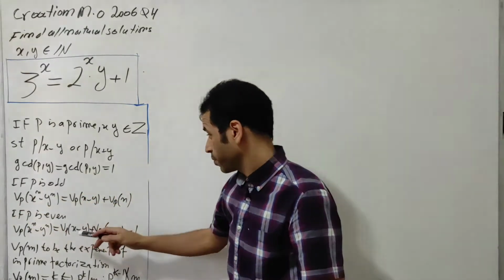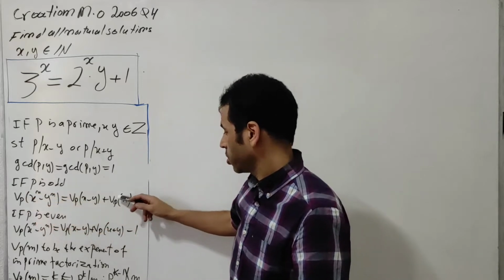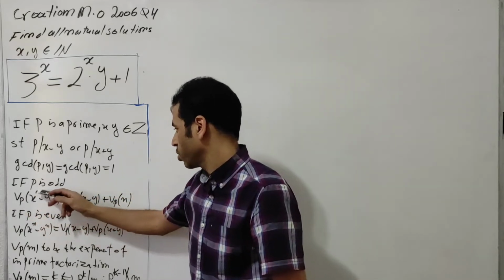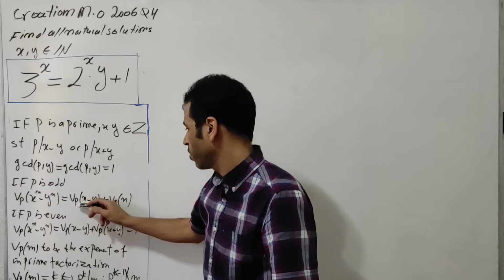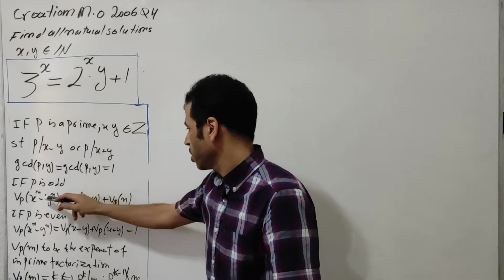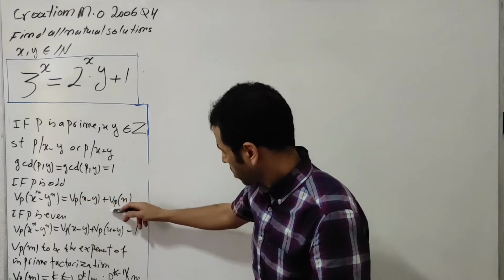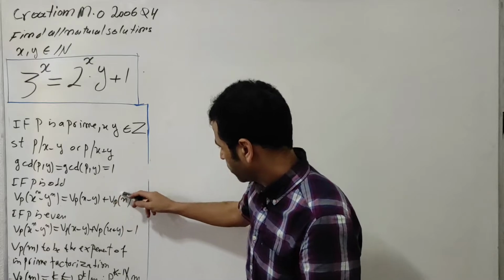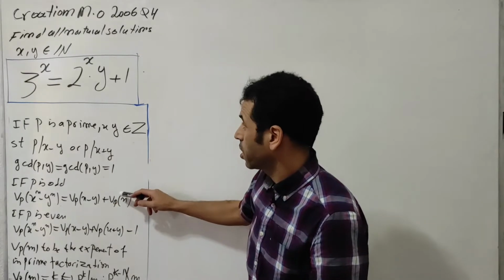If p is odd, we have this lifting exponent: vp of x to the n minus y to the n equals vp of the difference of these integers plus vp of the exponent n as a natural number.